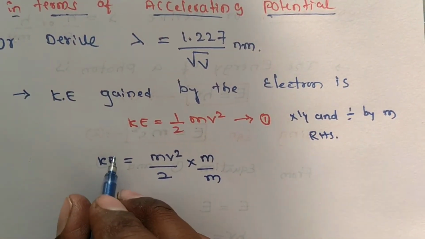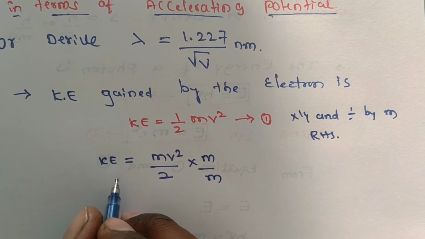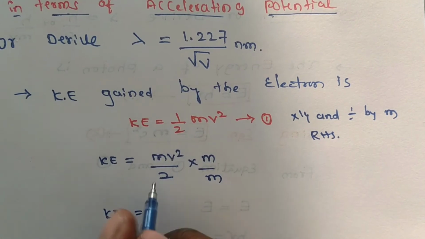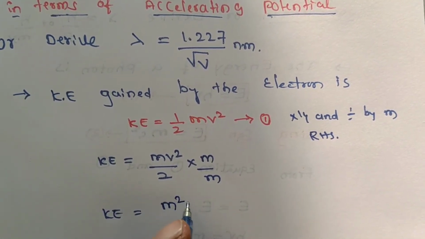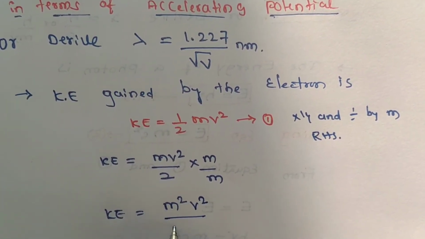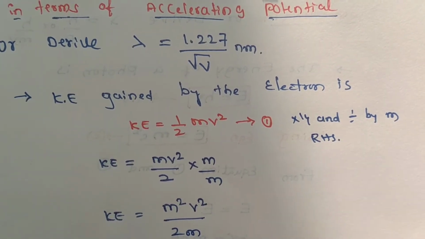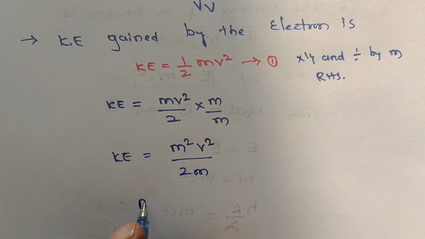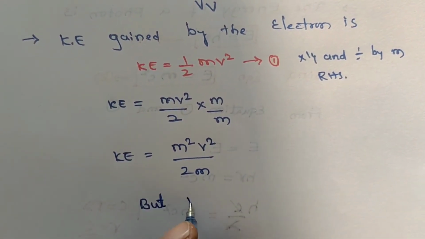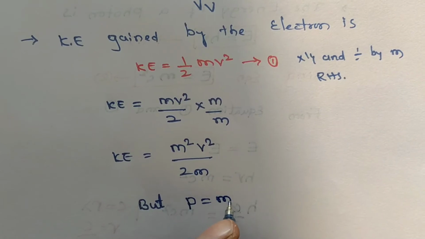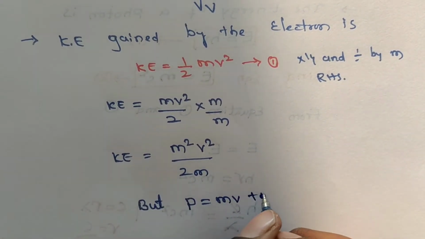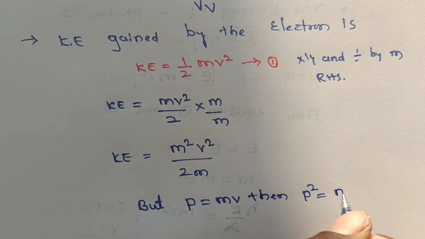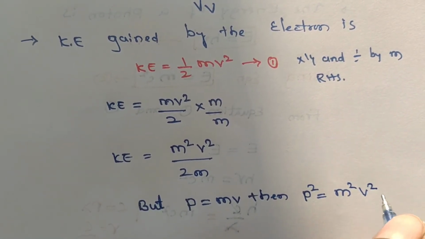Therefore kinetic energy is equal to m square v square divided by 2m. But we already know that p is equal to m into v, then p square is m square v square.